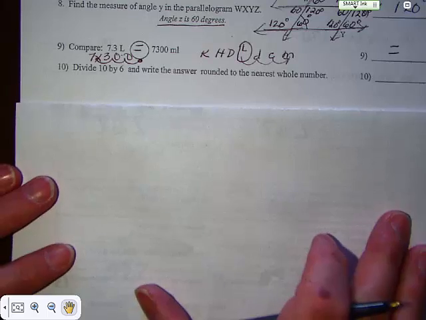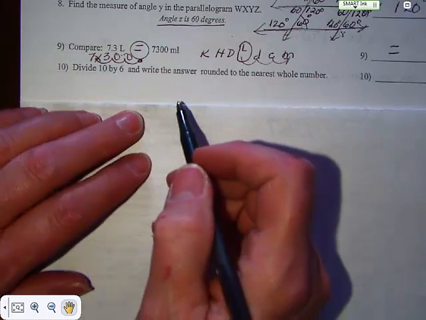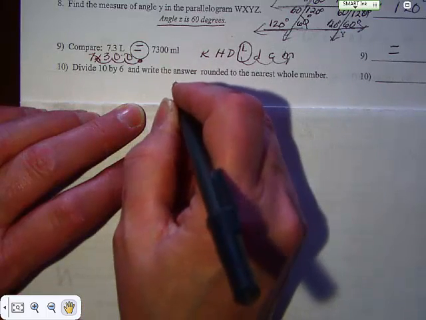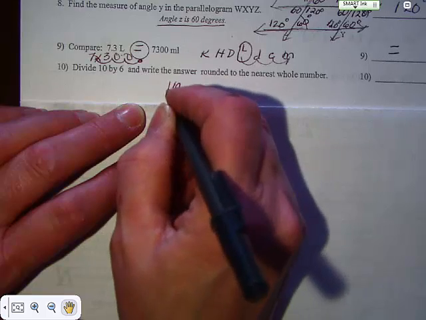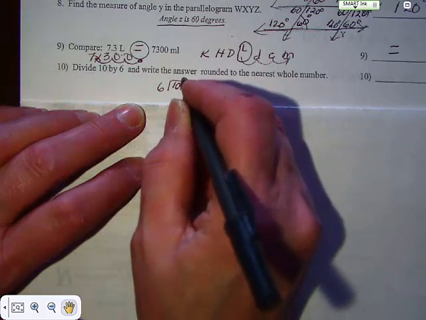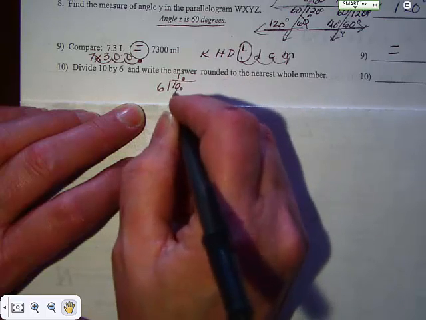All right, the last one on this side of the test review is 10 divided by 6. They want you to write the answer rounded up to the nearest whole number. 10 divided by 6. Okay, so you want to move up your decimal. 6 goes into 10 one time.